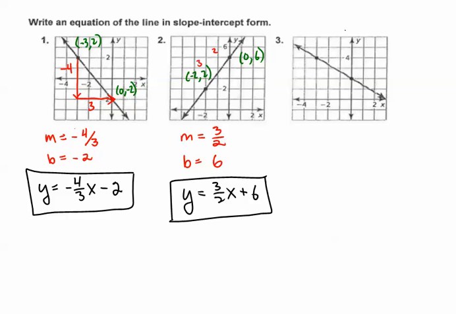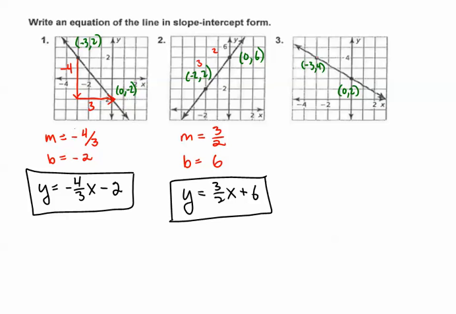Third example, we have the y-intercept of x is 0, y is 2, and we have another point which is x is -3, y is 4.